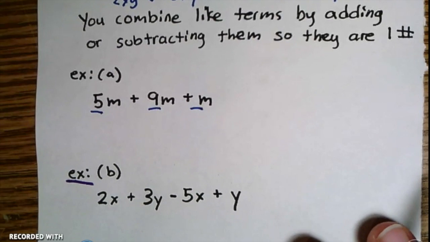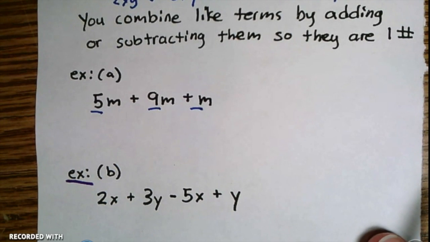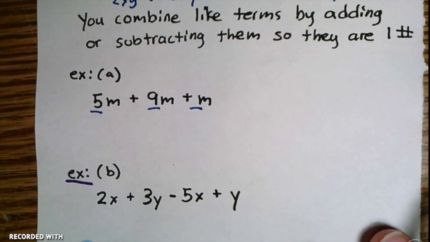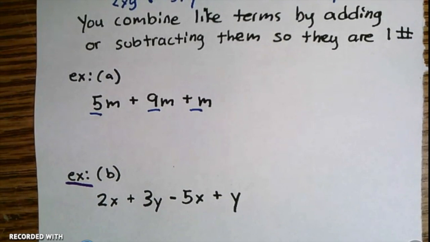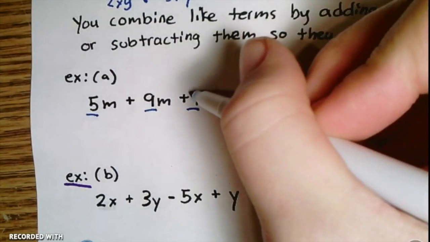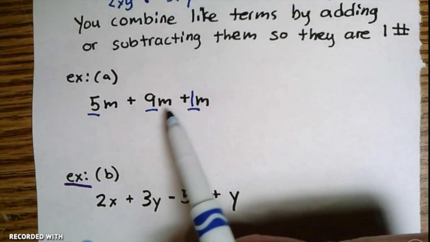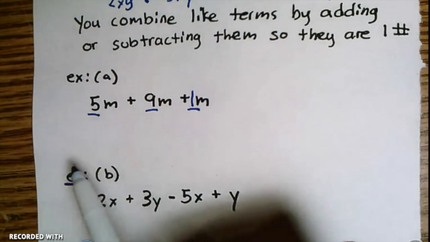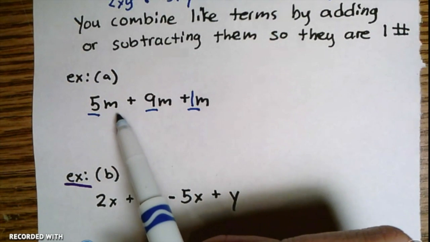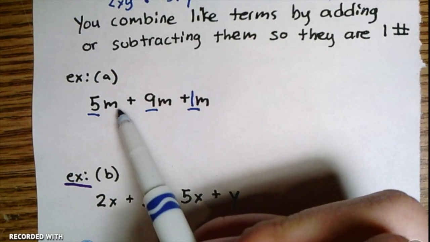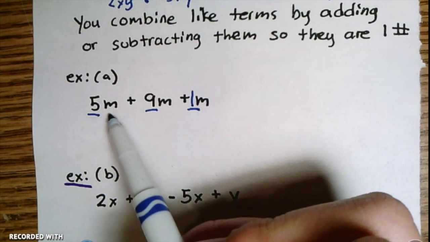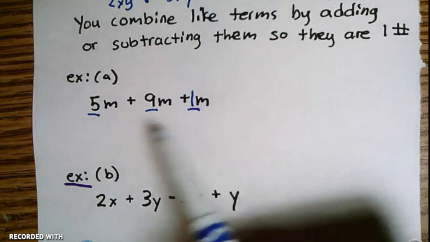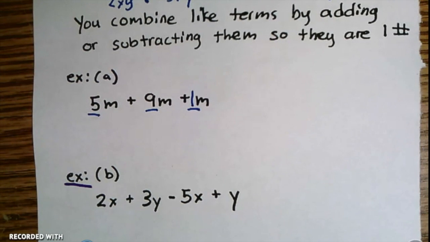Let's look at our first example. So we have 5m plus 9m plus m. Whenever there's just a variable, what number should we assume is in front of that? Good, a 1. Which means that if this said -m, it would be like -1m. So now, because these all have the same last name or the same variable factor of m, we can go ahead and we can add them.